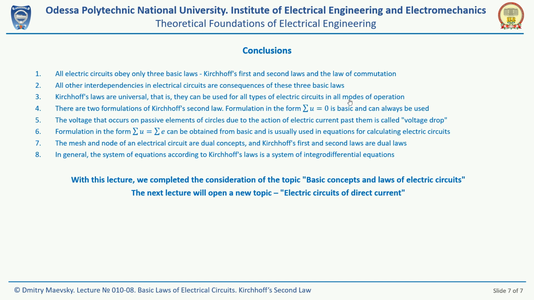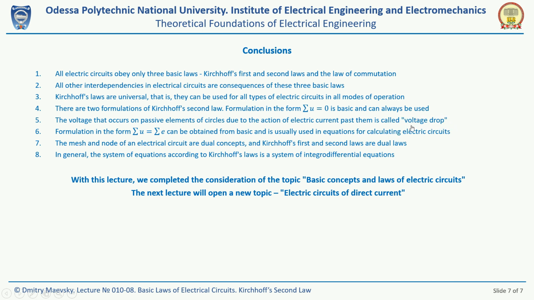We now know two formulations of Kirchhoff's second law. The first formulation, such as the formula, is basic and can always be used. We know that the voltage on passive elements of our circuits we will call a voltage drop.